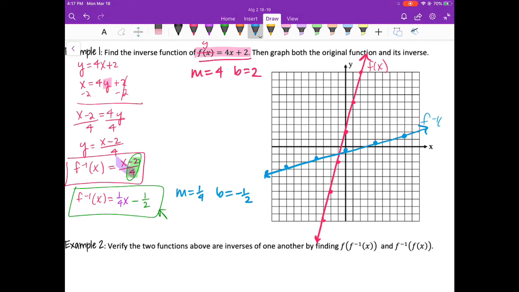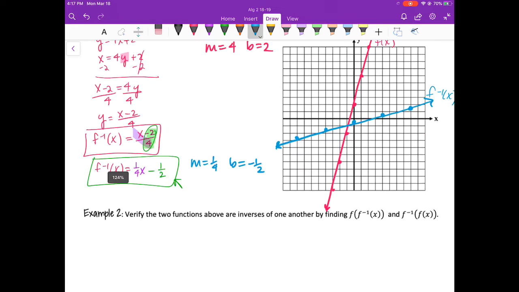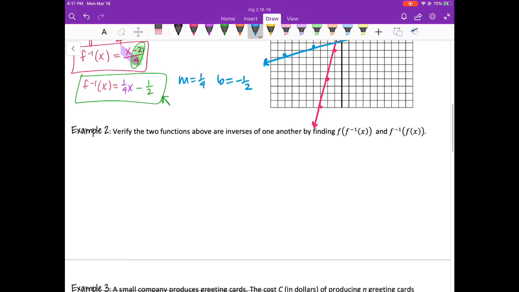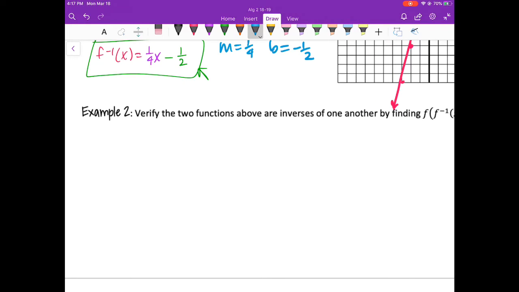And then next in example 2, we are verifying that those two are in fact inverses of one another by finding f of f inverse of x and f inverse of f of x. So when I find f of f inverse of x, well, my f function said take 4 times your input and add 2.